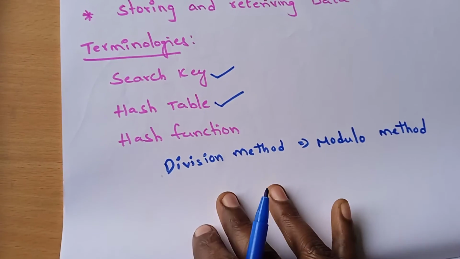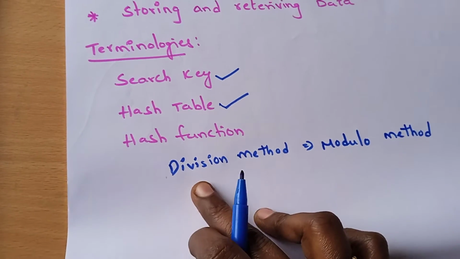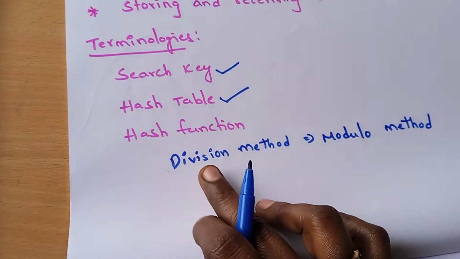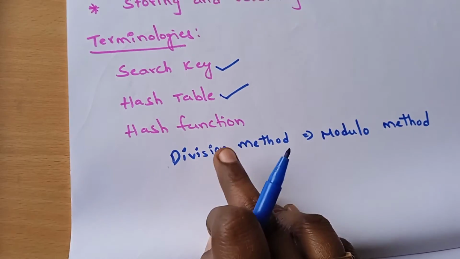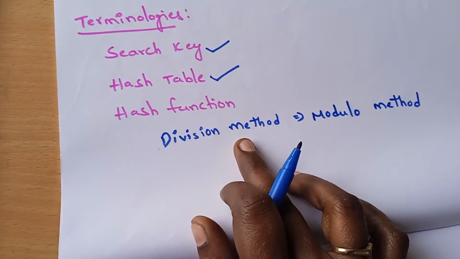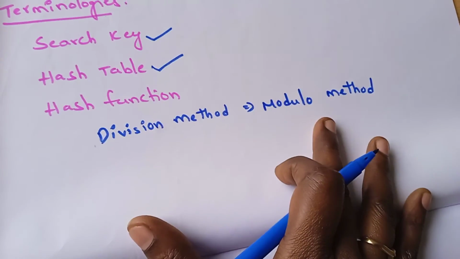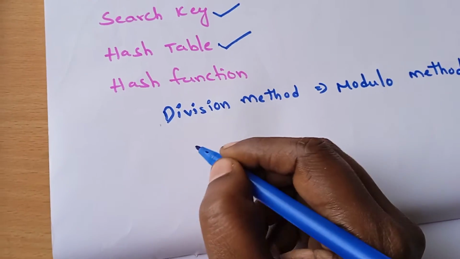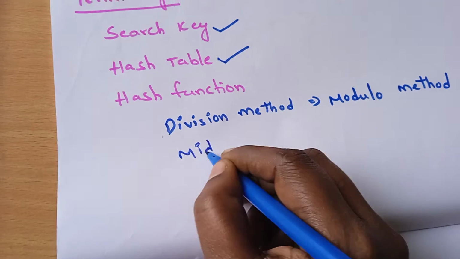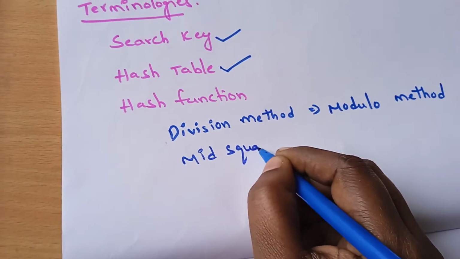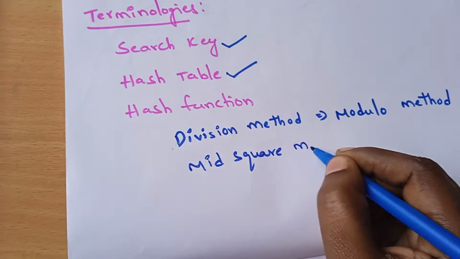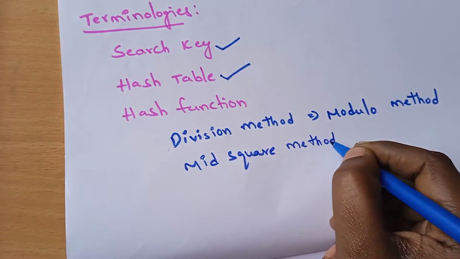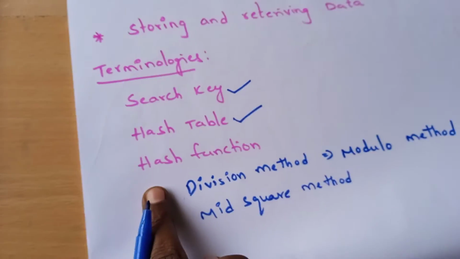We will be evaluating this hash function with the use of the division method. And we do have another method, the mid square method. Using these methods, we will be evaluating the hash function.